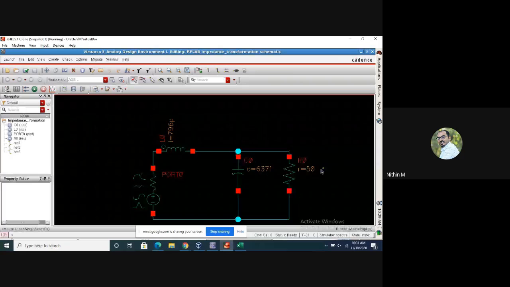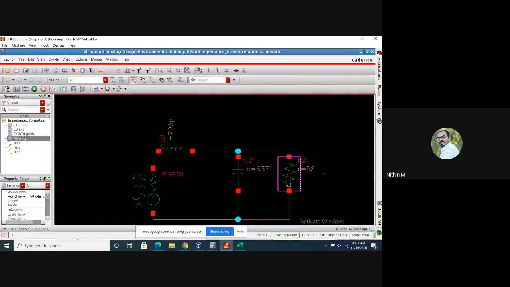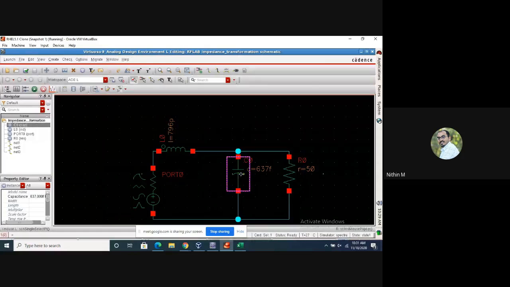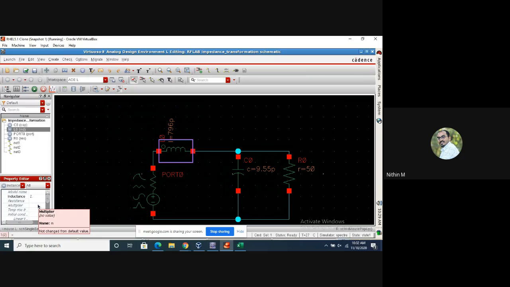Today the values we got are: the initial R value is 50 ohm, R is 50 itself. The capacitance value is 9.55 pico, and the inductance value is close to 2.39 nano.